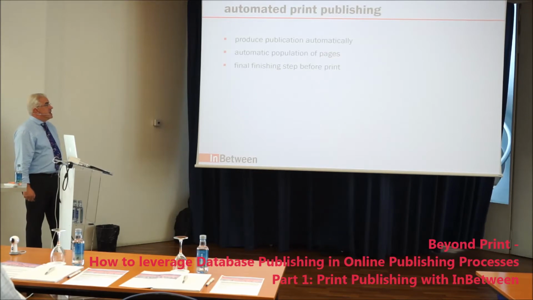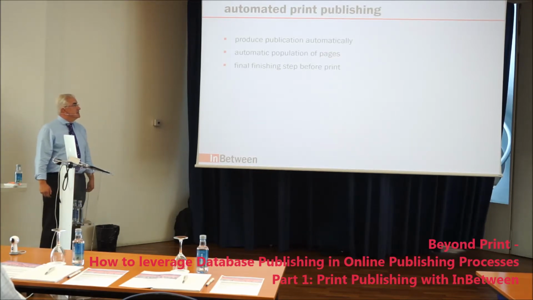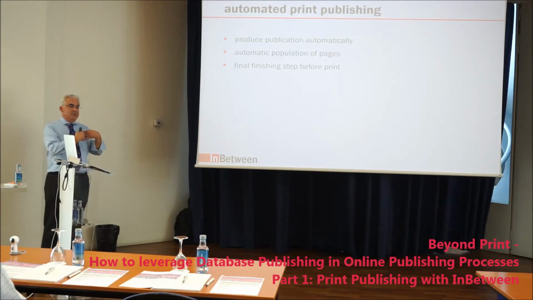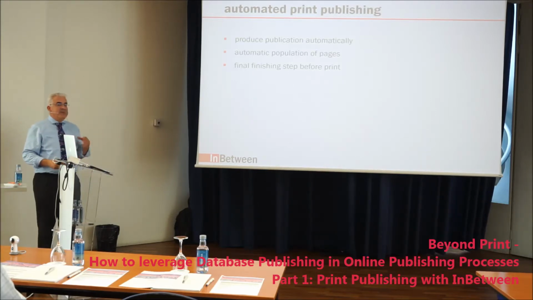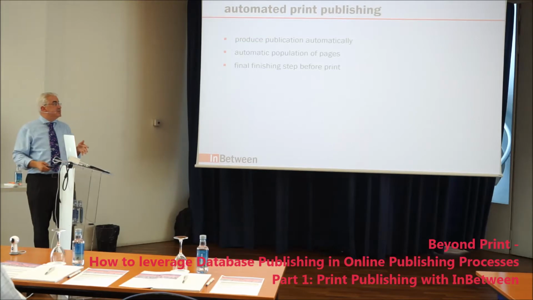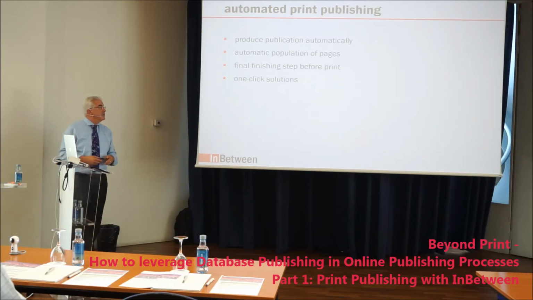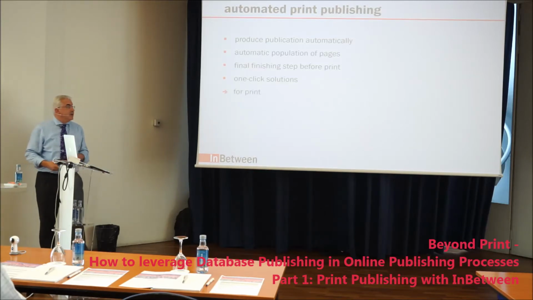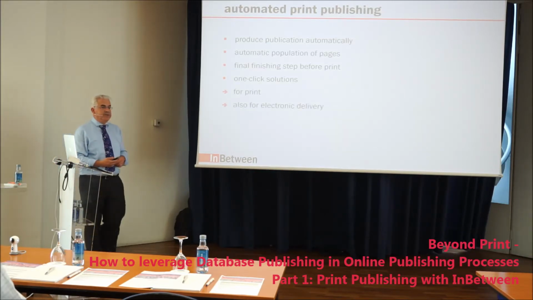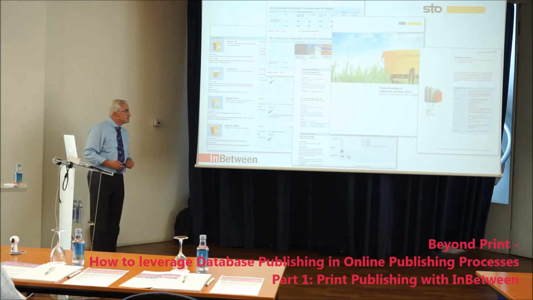So publications are produced automatically. The population of products onto the page is completely done automatically. You might add a final finishing step just before you go to print. So we can provide one-click solutions for print, but also for electronic delivery, obviously.